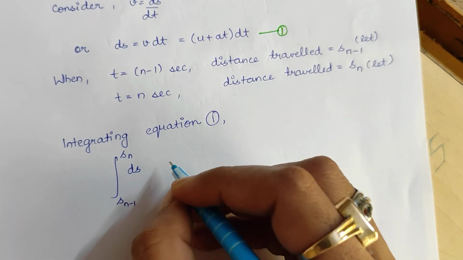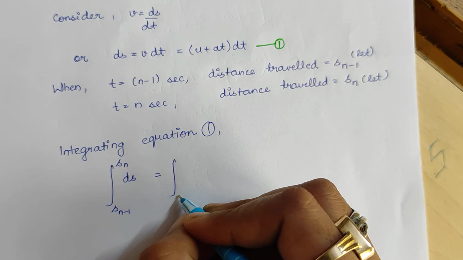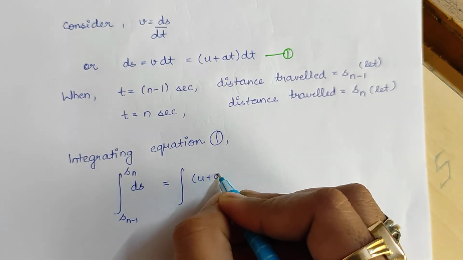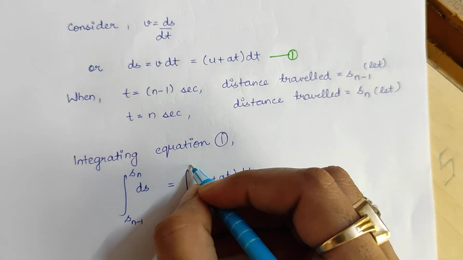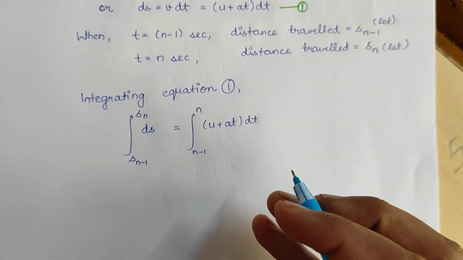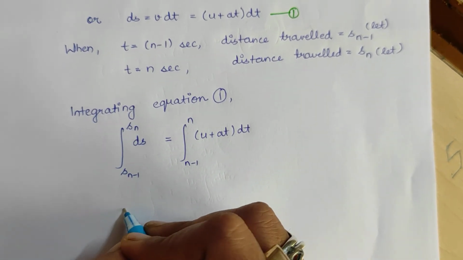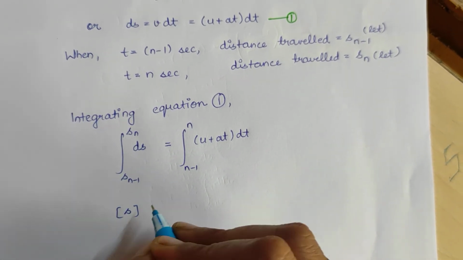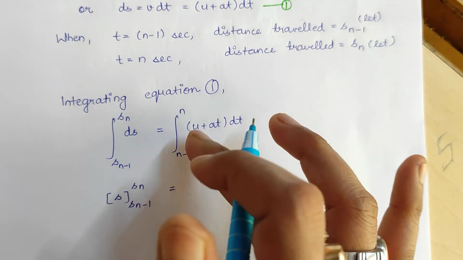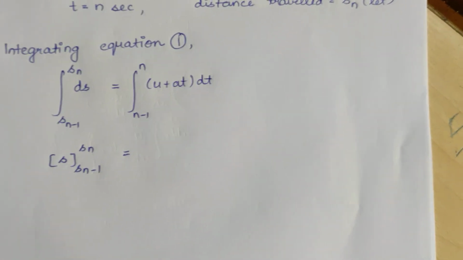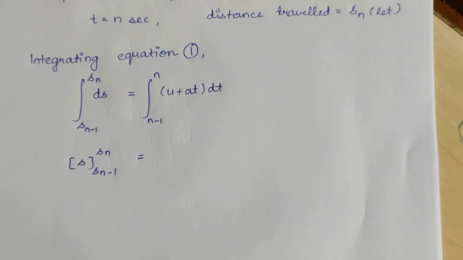Integration of ds over Sn minus 1 to Sn is equal to integration of u plus at dt, where the limits are n minus 1 to n. Fine. Now we will solve this. On this side we get s between the limits Sn and Sn minus 1, and here we will first distribute and then solve.